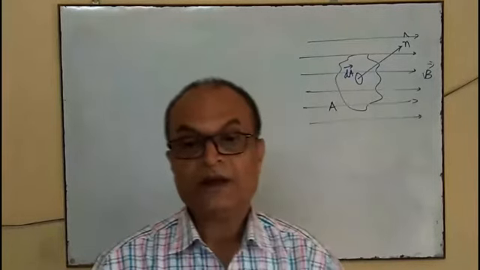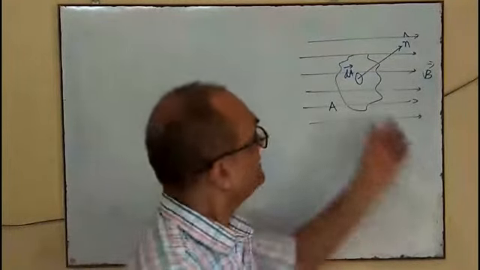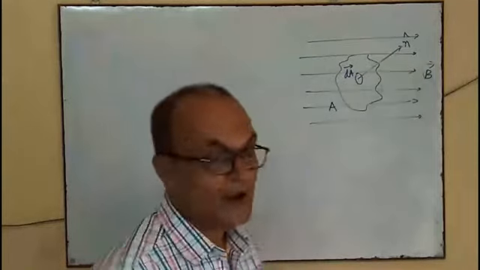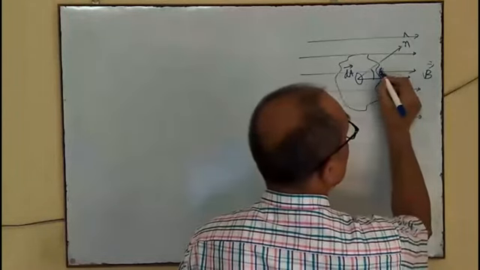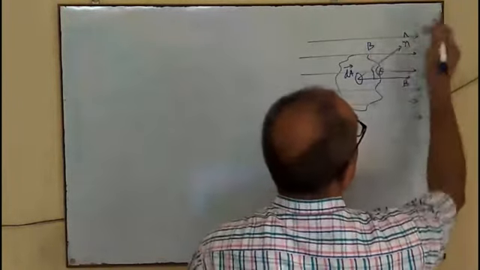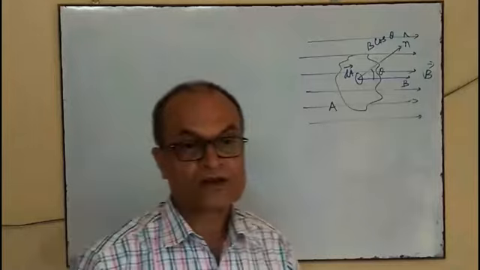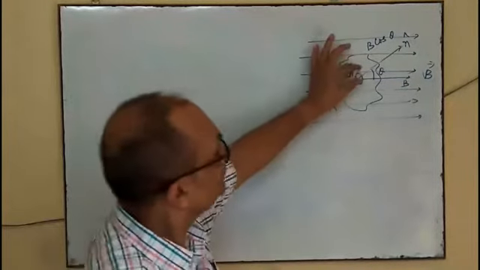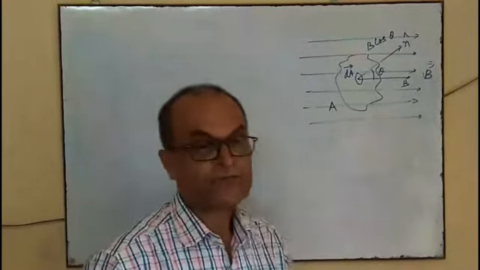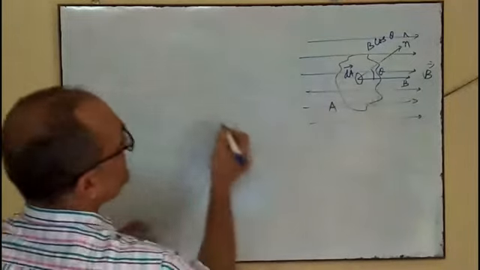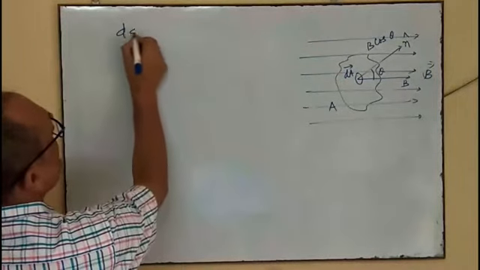If theta is the angle between B and the normal, then the component of B in the direction of the normal will be B cos theta. So we will find the magnetic flux through this small area, and after that we will integrate over the whole area. The magnetic flux through a small area element dA is d phi.